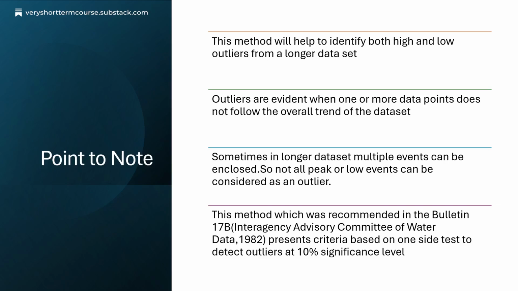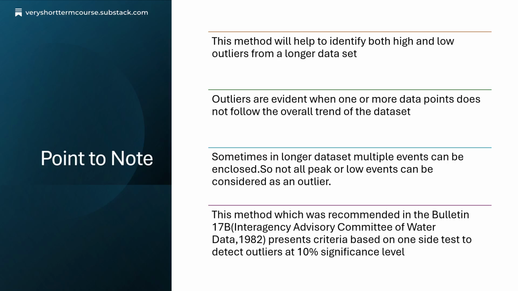Before we begin discussing this new method of outlier detection, kindly note this point. This method will help to identify both high and low outliers. That means if there is a data set, then it can identify outliers from both sides. By side, I mean if you arrange the data set in descending order, from the largest value to the smallest value, then both the largest and smallest value can be an outlier.